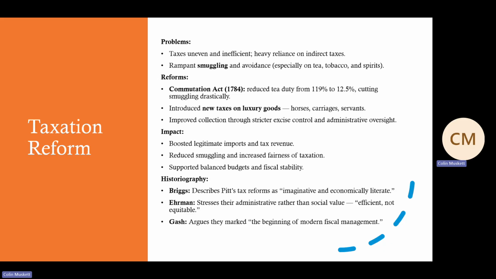Okay, so in your main textbook, it does give some really good examples here. He put taxes, what we call indirect taxes. Don't forget, at this point in time, there's no income tax.